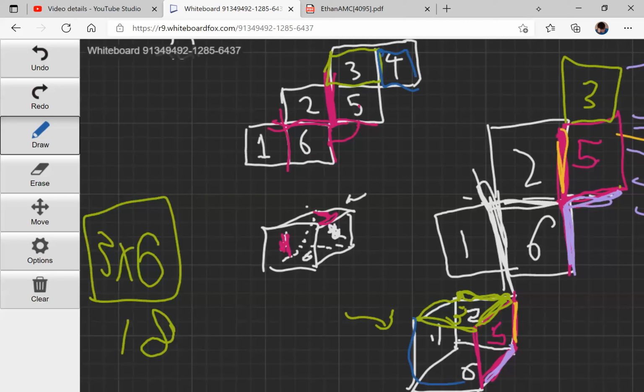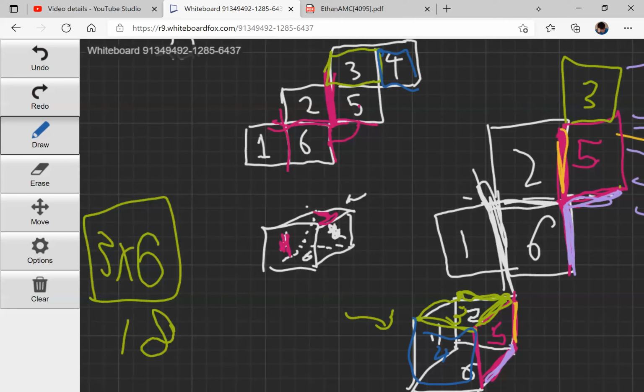Because they fold like this, folds like this, so it goes like that, and then they both go here, and then they go here, and then here, and that's it. So 4 is next to 5, and that is not opposite.